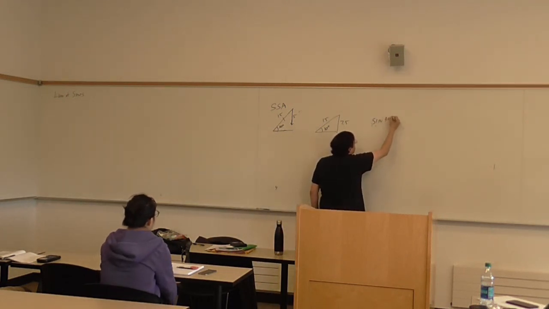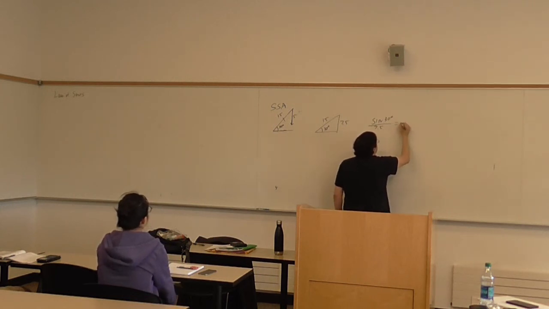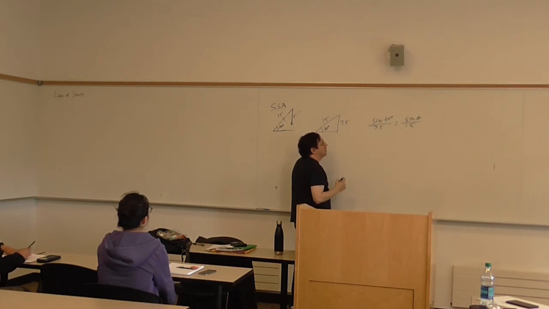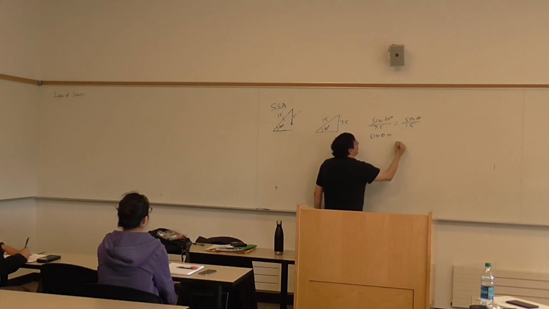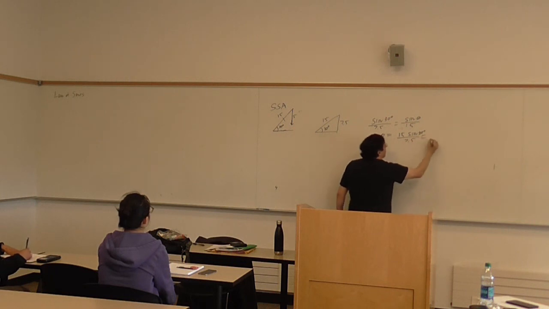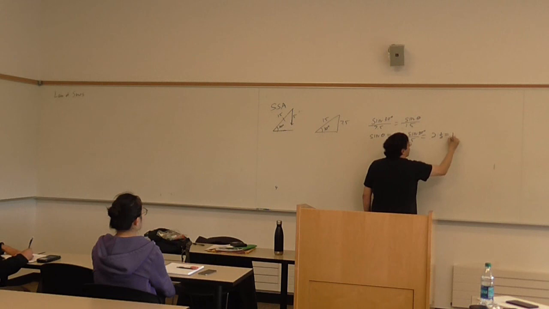Sine of 30 degrees over 7.5 equals sine of theta over 15. So sine of theta equals 15 sine of 30 degrees over 7.5, or 2 times 1/2 equals 1.